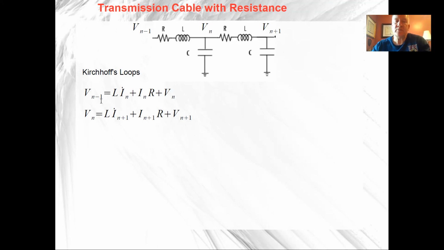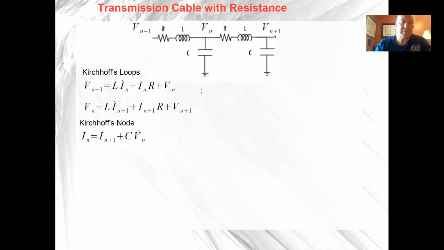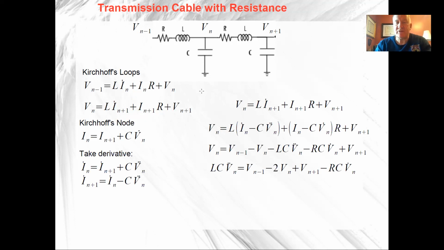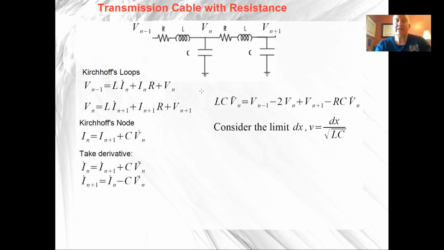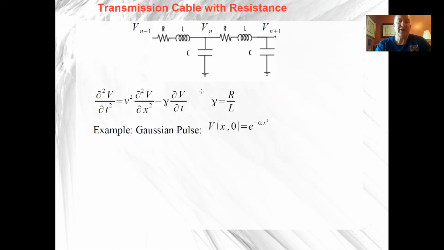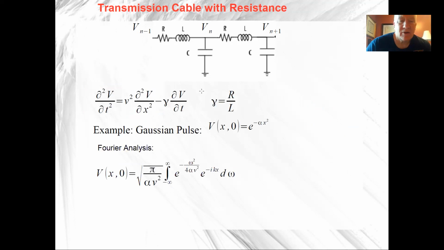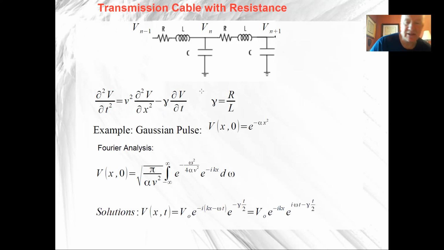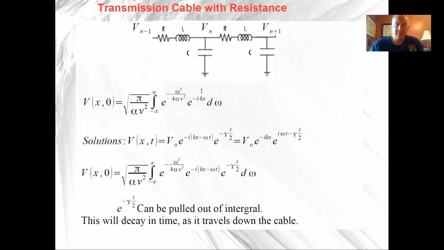So for our Kirchhoff's loop laws, we have to add in I times R, the resistance of that little segment of cable. We can do the same kind of analysis, and what we'll come up with is that if we use a Gaussian pulse again, it's still a valid solution.